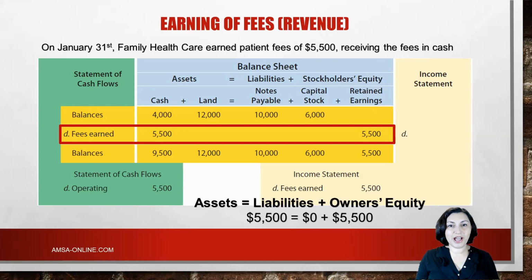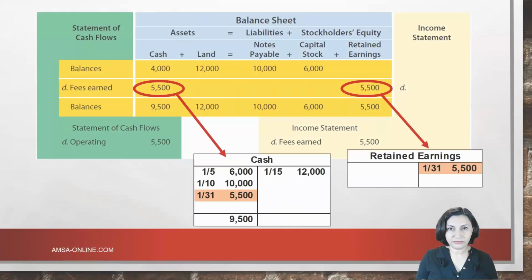This decision will help place the amount on the correct side of the ledger account involved. Since cash is received and revenues are earned, the accounting equation looks as follows. 5,500 equals 0 plus 5,500. This transaction did not affect liabilities.